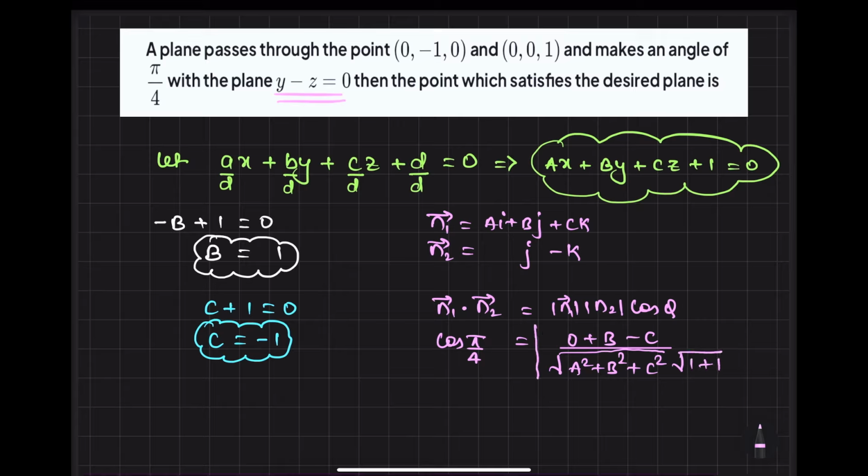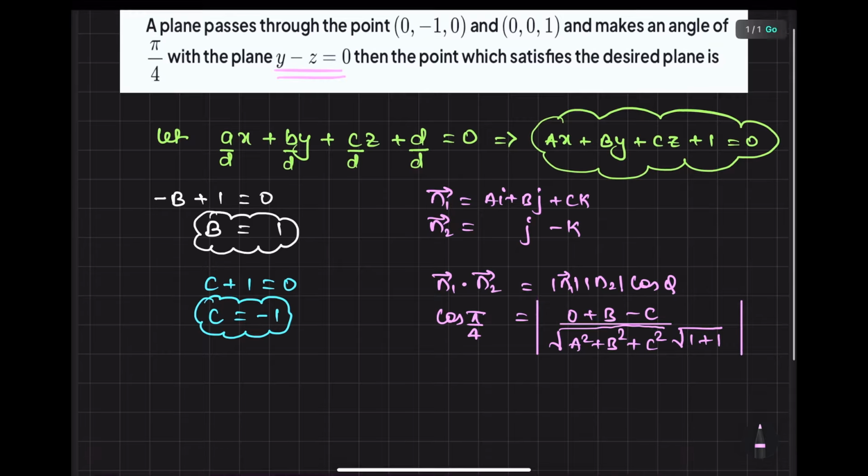And this has to be mod because I want an acute angle, so it is positive. Now you know that cos 45 is what? 1 by root 2. So if I write 1 by root 2, don't you think this root 2 and this root 2 will be neutralized?